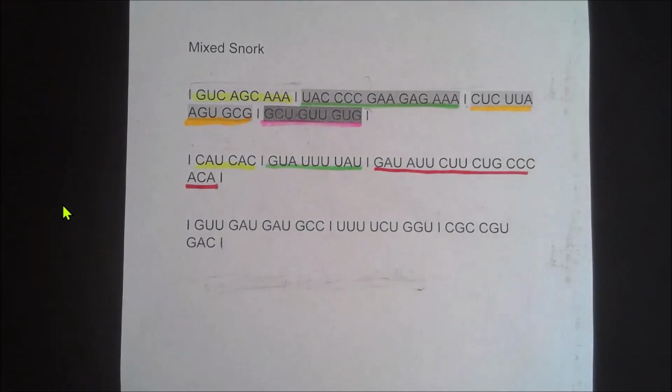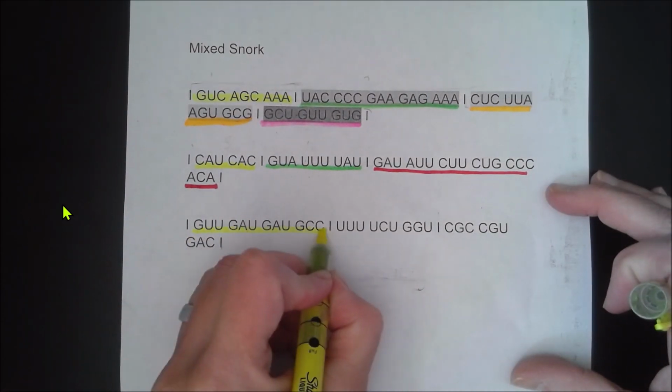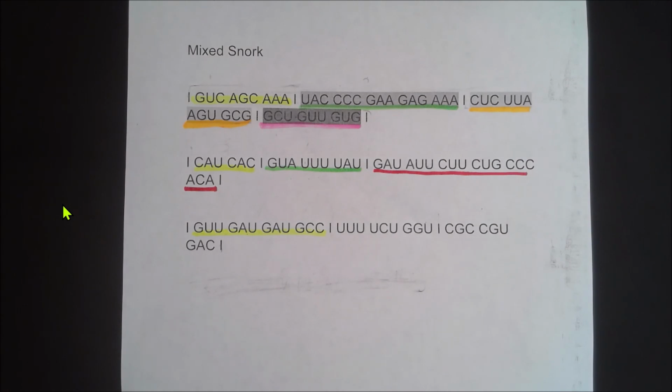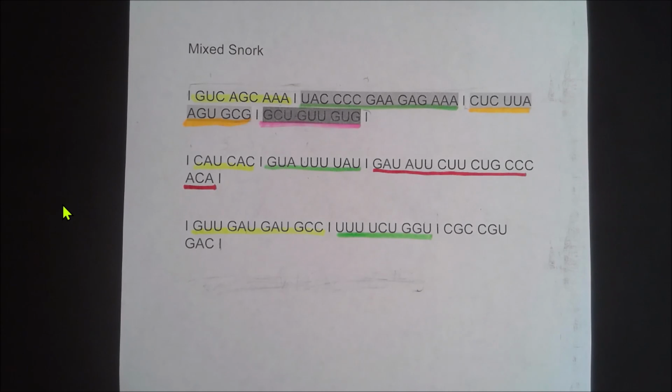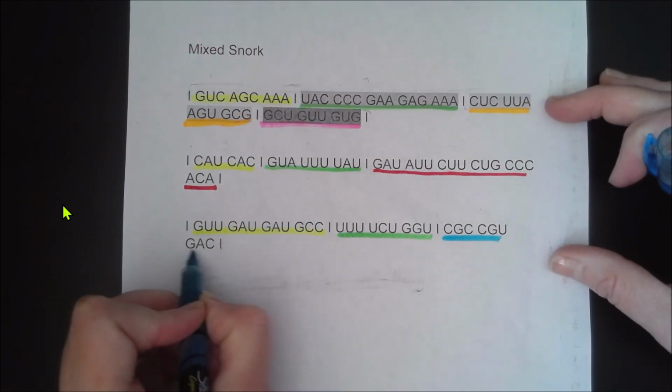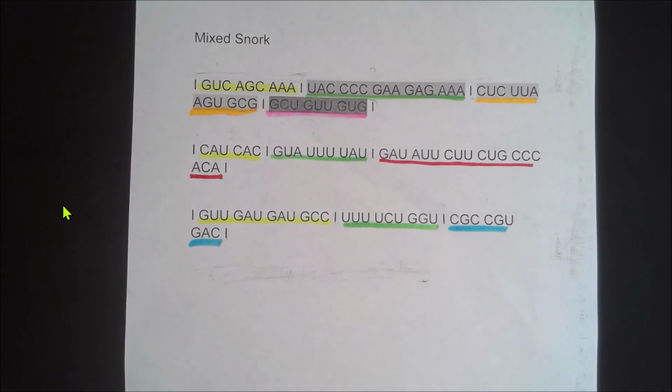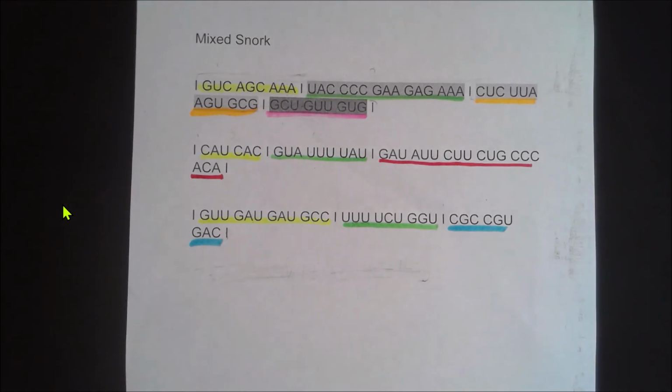Okay, that one's a long one. 8, 9, and then of course number 10. Okay, so now we have 10 genes that we are going to code for.